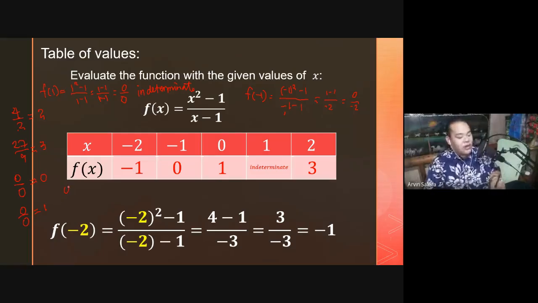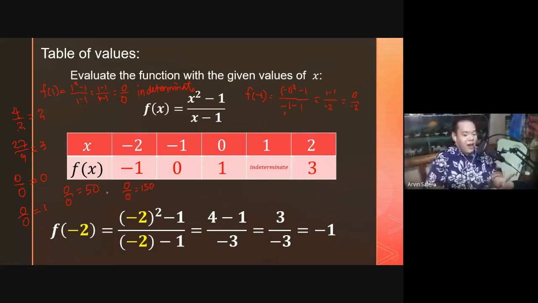Or 0 divided by 0, where the answer of Maria is 50. 0 divided by 0 is 50. 50 times 0, the answer is 0. Still correct. And Jose's answer, 0 divided by 0 is equal to 150. 150 times 0. The answer is 0.